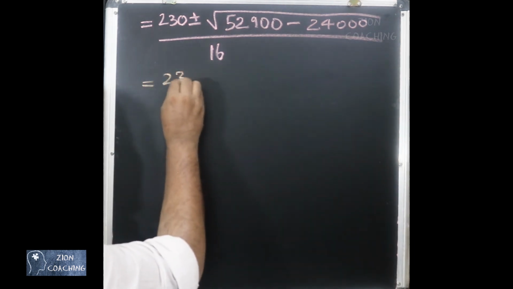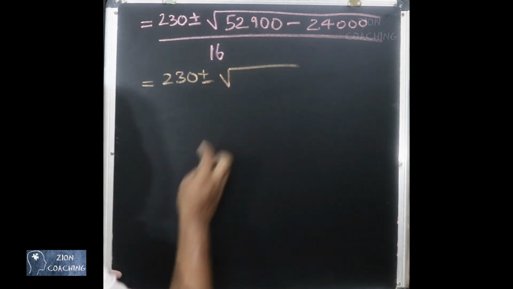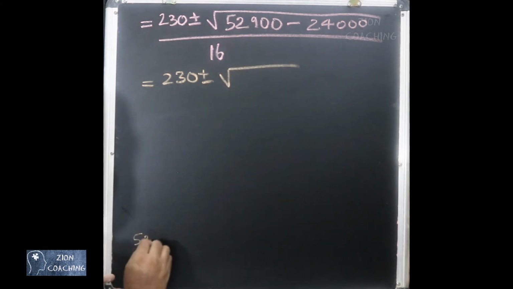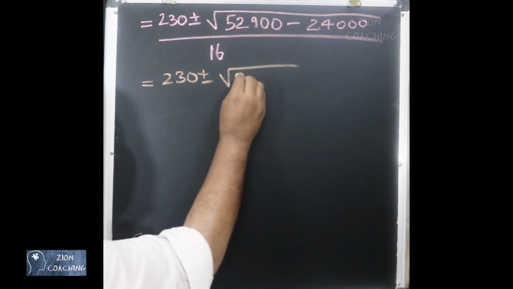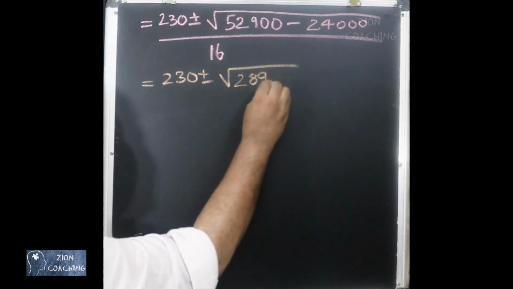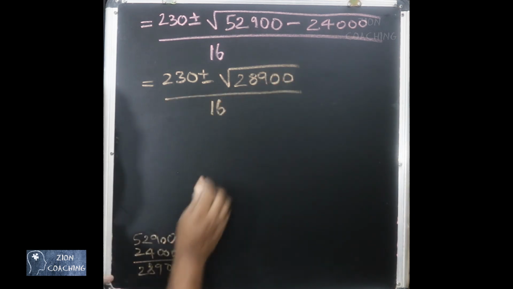We will have 230 plus or minus, when you subtract 52,900 minus 24,000, this is going to be 28,900 divided by 16.